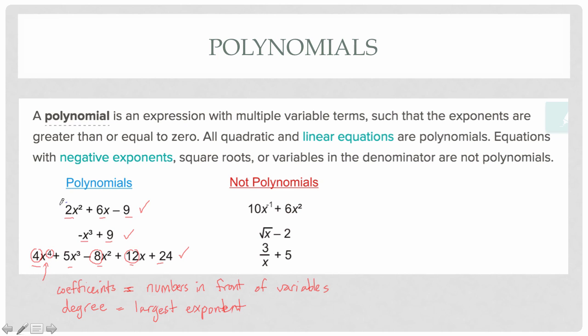A quadratic, like this one, is a degree 2 polynomial because it has x squared. This would be a degree 3 polynomial. And this large one right here with 5 terms would be a degree 4 polynomial.